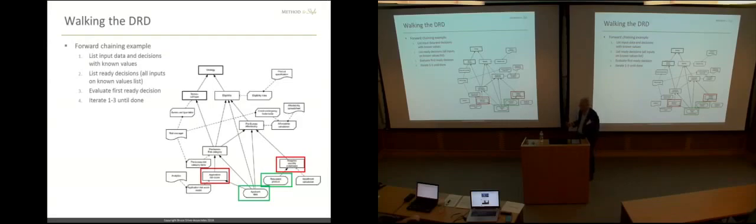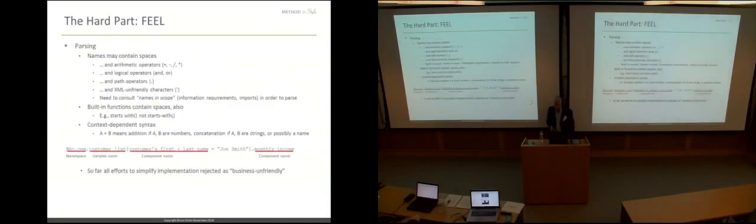So there's two of those here, application risk score and required monthly installment. So pick one of those, let's say application risk score, evaluate it. Now it turns green. So we add that to the list of nodes with known values and create a new list of ready nodes. Now you've got these two in red, and you just iterate this procedure until all the nodes are green. So walking the DRD in this kind of forward chaining way is actually quite easy.